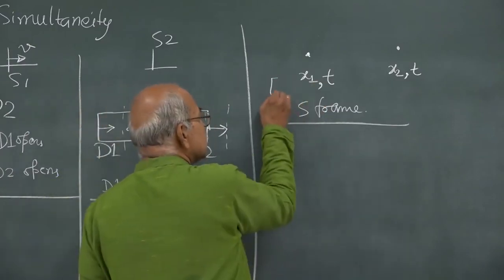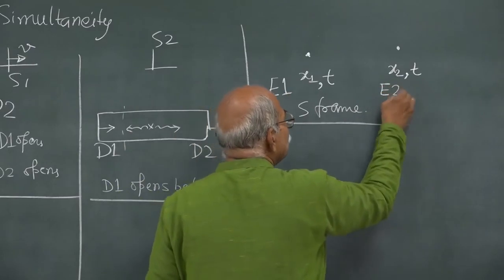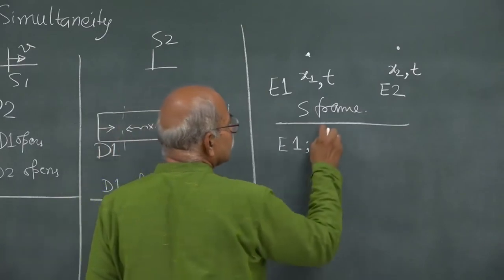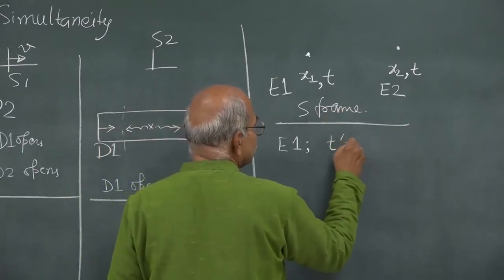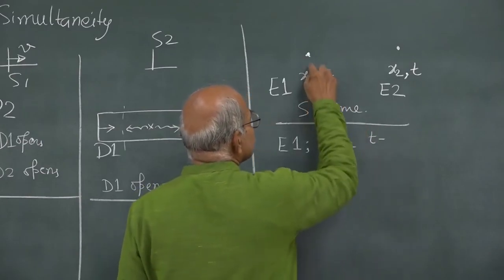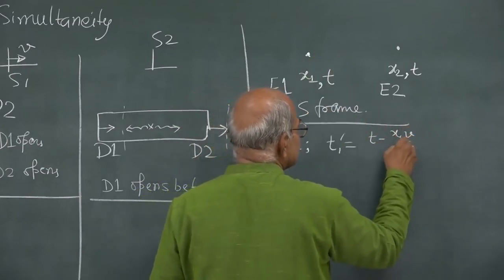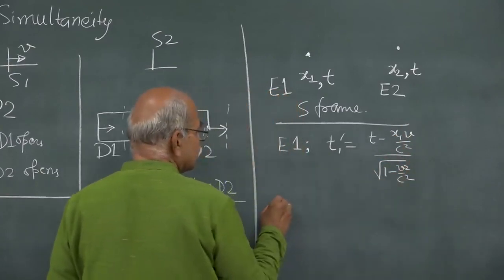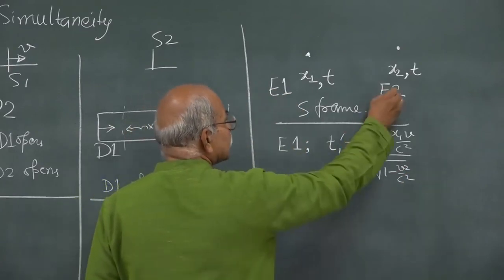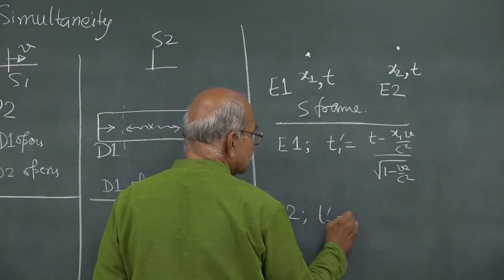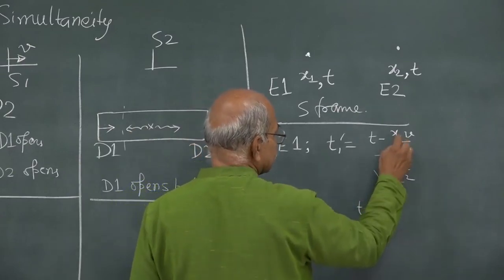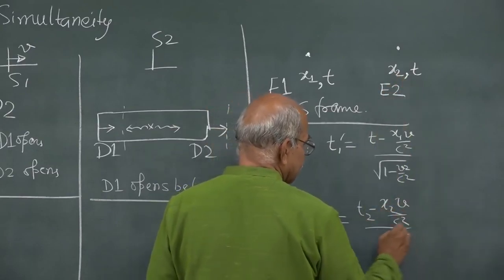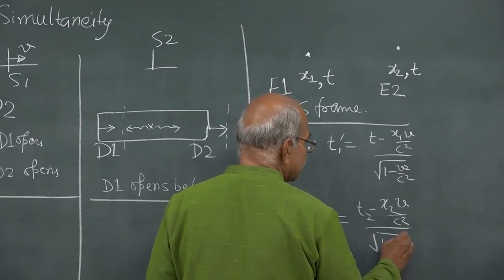So, if this is event E1 and if this is event E2, then for E1 you can write, T1 prime is equal to t minus x1 v by c square, divided by square root 1 minus v square by c square, and for E2 you can write T2 prime is equal to t minus x2 v by c square, and then divided by square root 1 minus v square by c square.